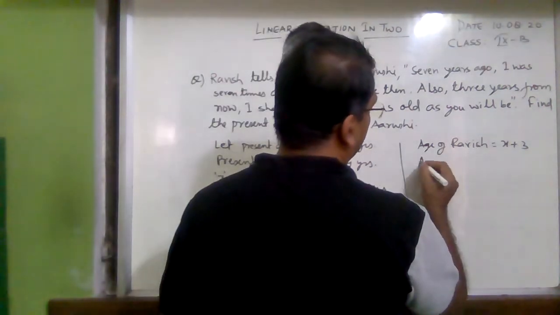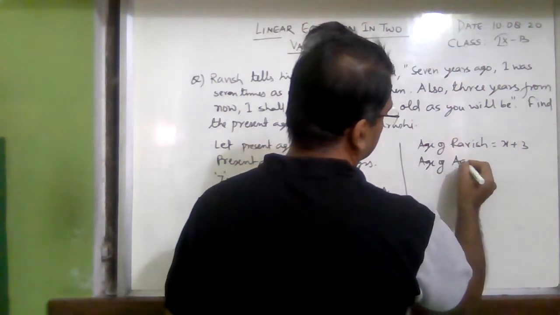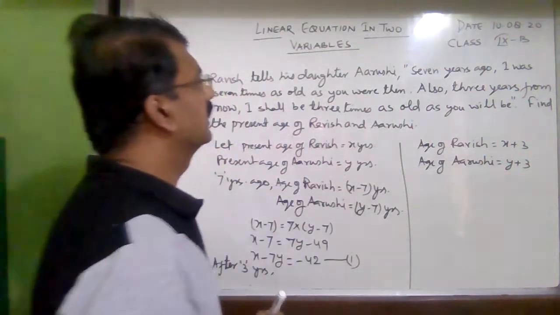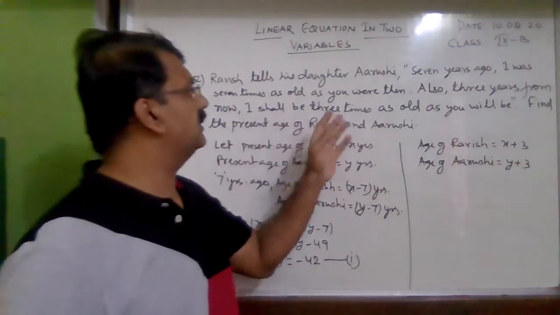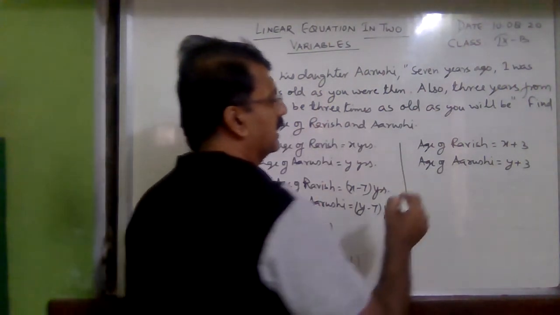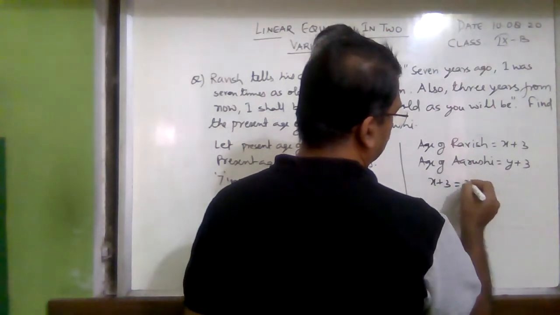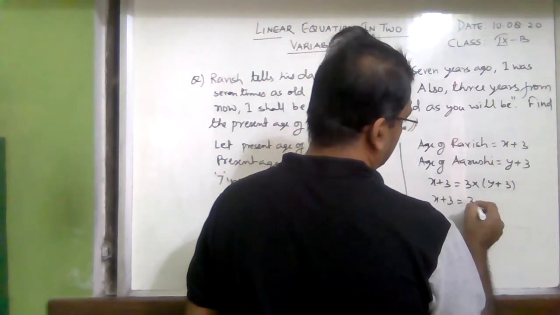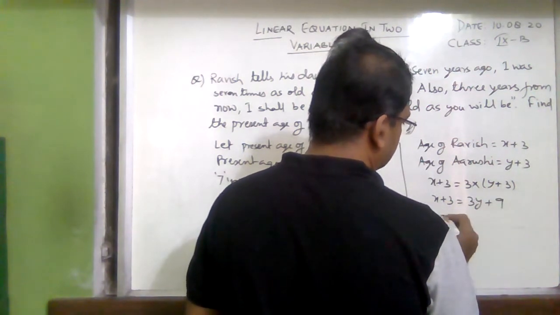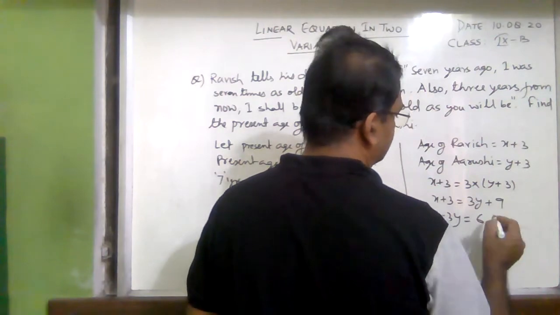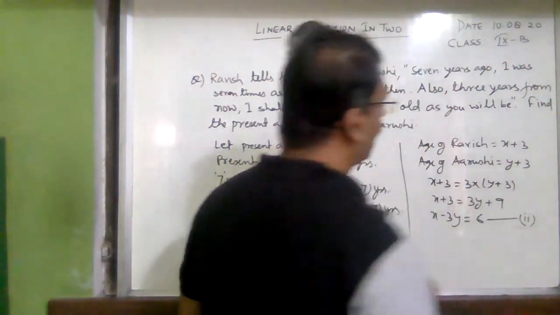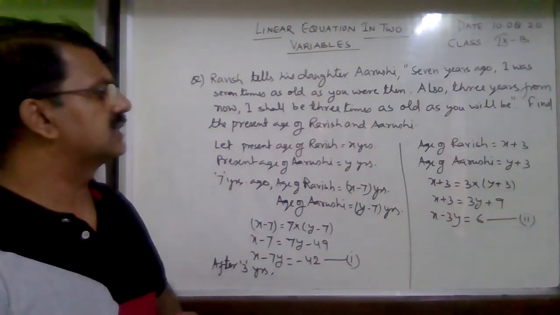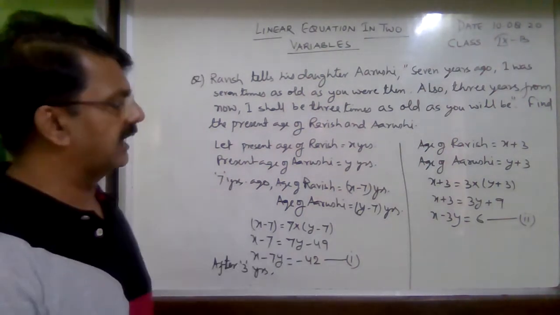And the age of Arushi is y plus 3. Now see, 3 years from now, I shall be 3 times as old as you will be. Means x plus 3 will be equal to 3 times (y plus 3). Now again, if you open the bracket, then you will have x minus 3y is equal to 6. That is equation number 2. Now we have two equations, so we will solve these two equations algebraically and graphically both.